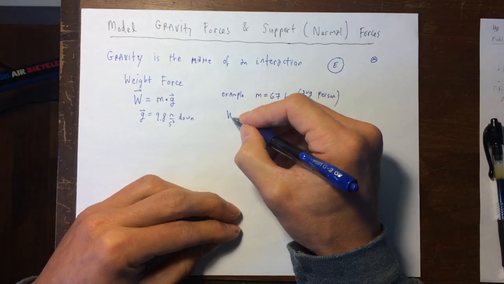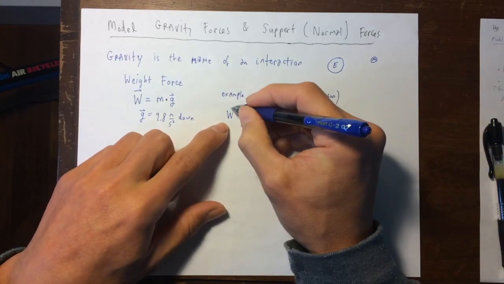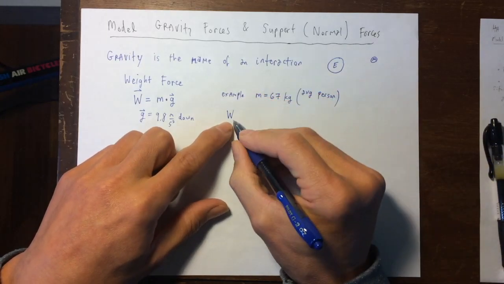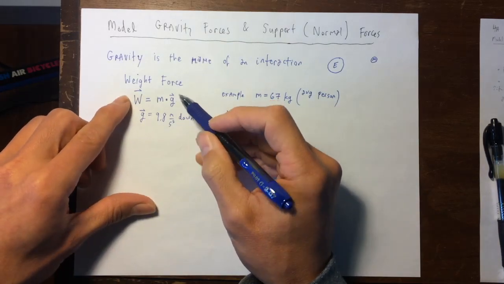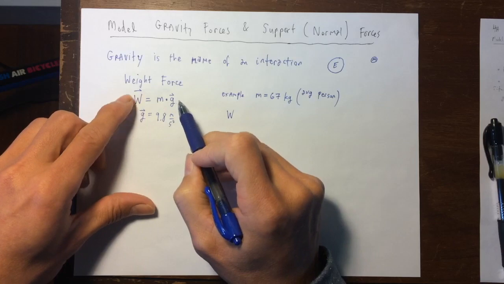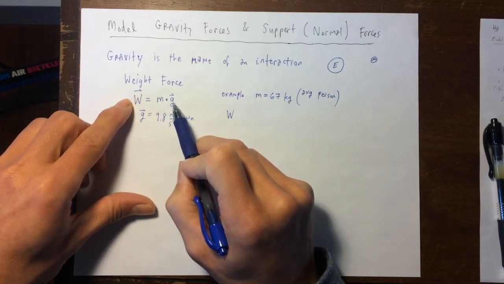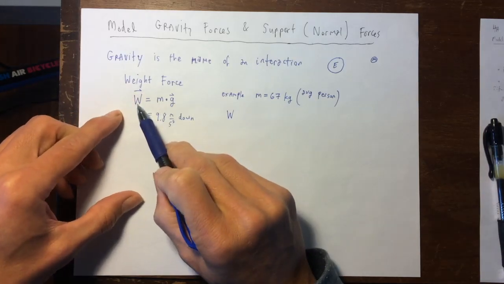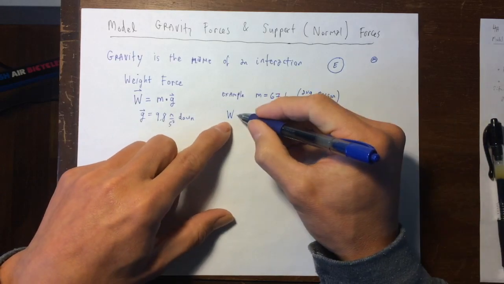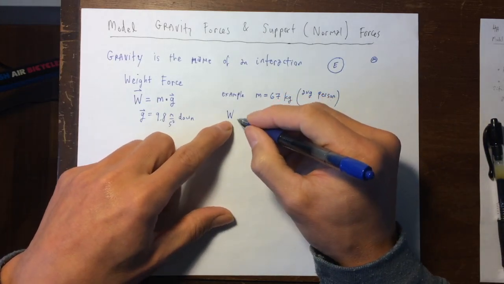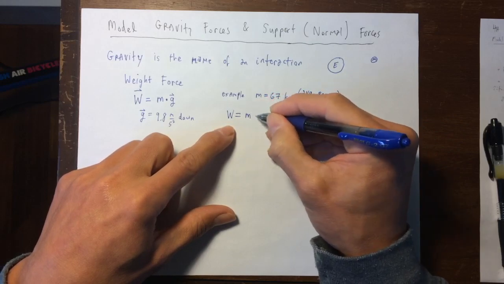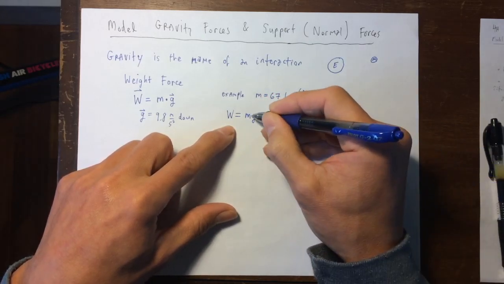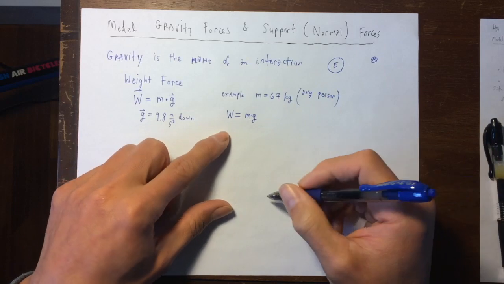So the weight. This is the way you calculate a weight force. A force is a vector, so this is a vector calculation. Scalar times this vector acceleration is this vector force. But I'm going to calculate something that's probably what is shown to you in your book. Your book says W equals m times g, likely.